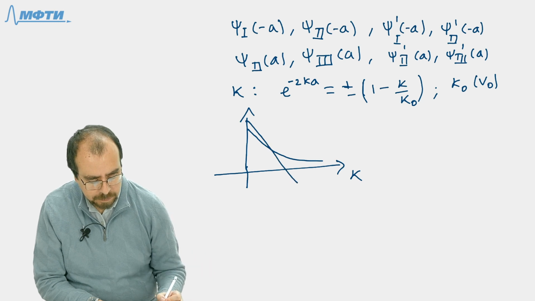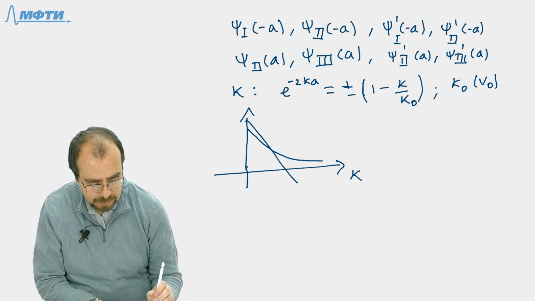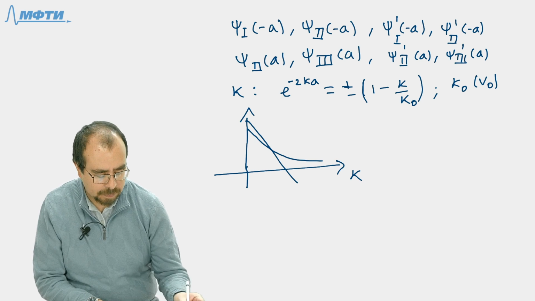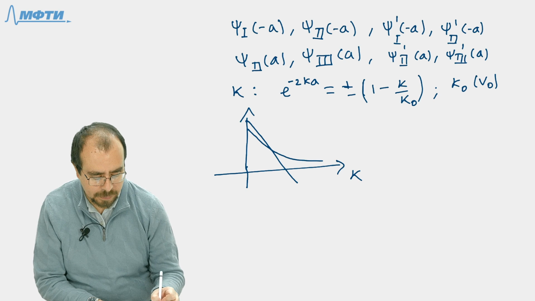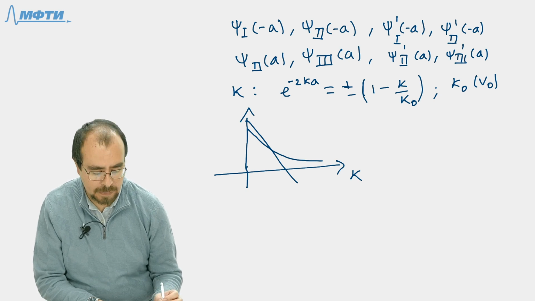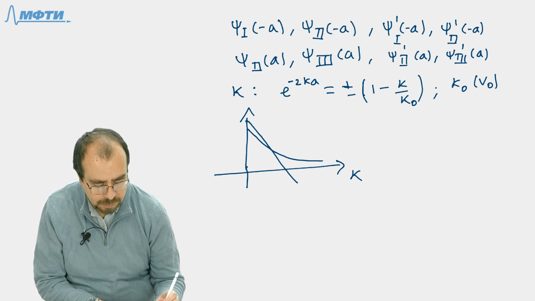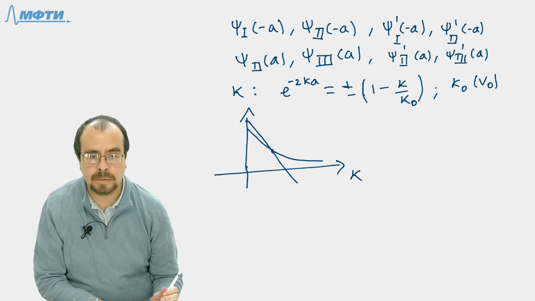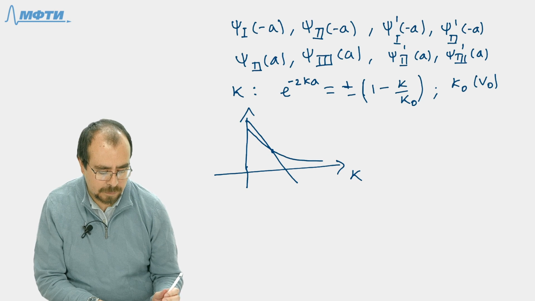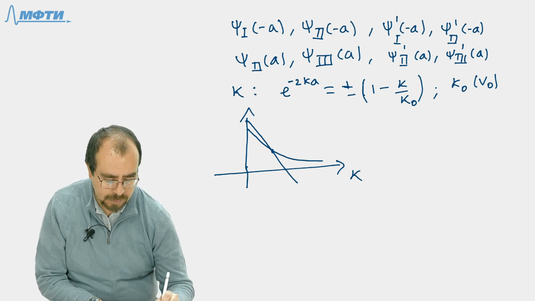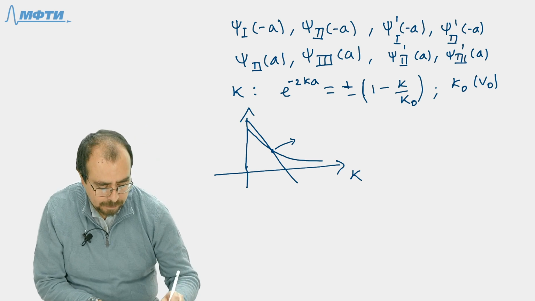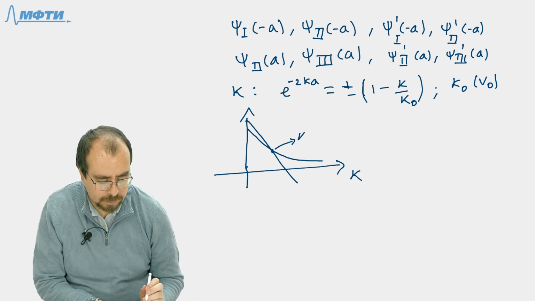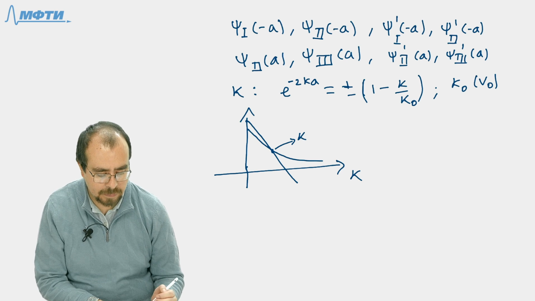If we have a certain k0 that gives us a line like this, then we will have only one solution, where these two plots coincide. So we can approximate this solution by just plotting these two functions, and this is the k that is the solution.